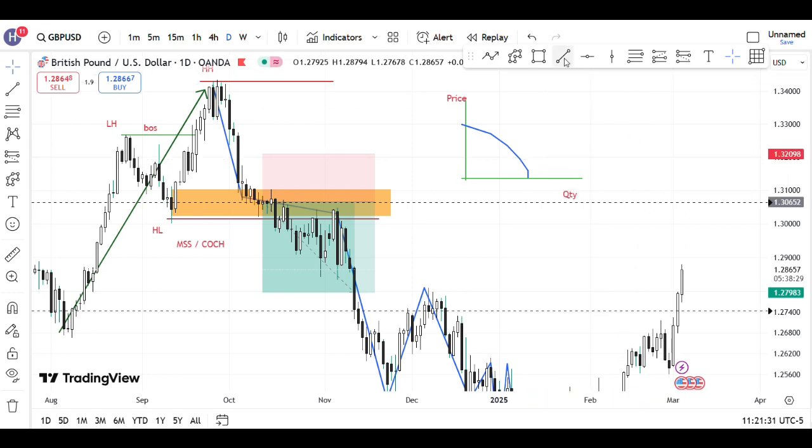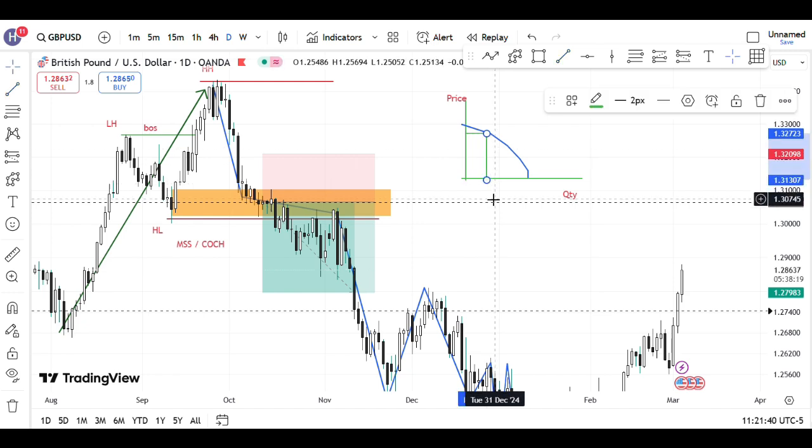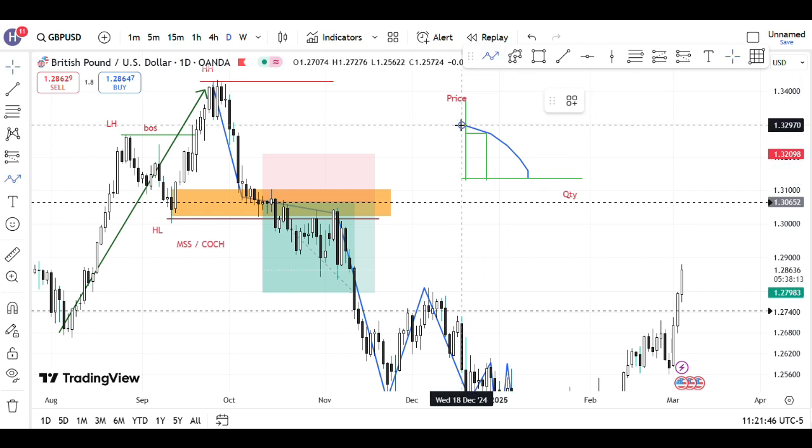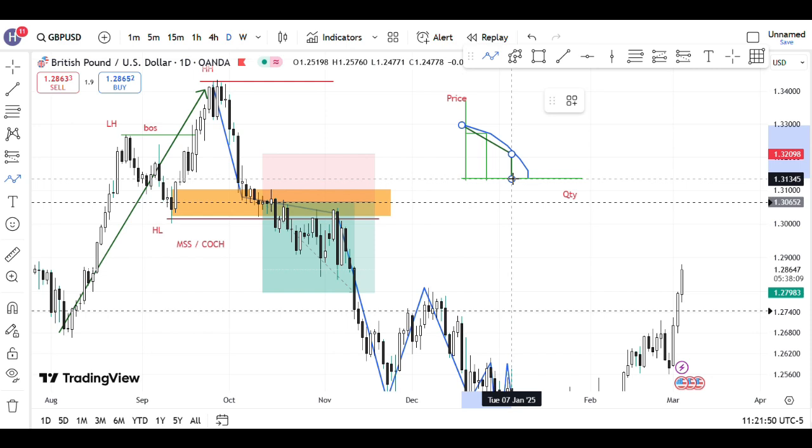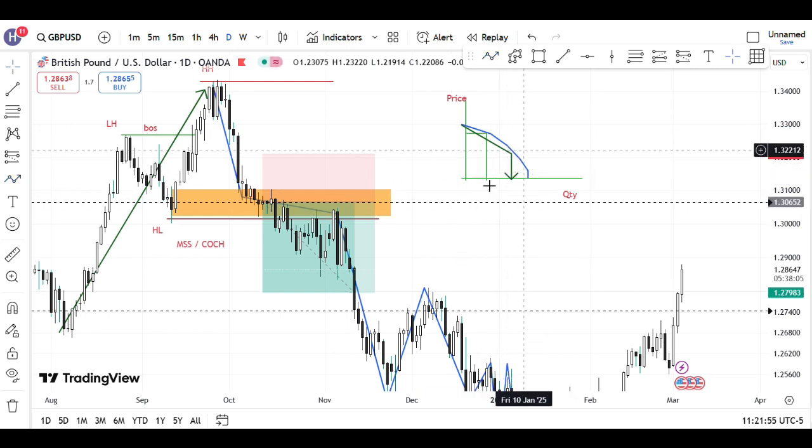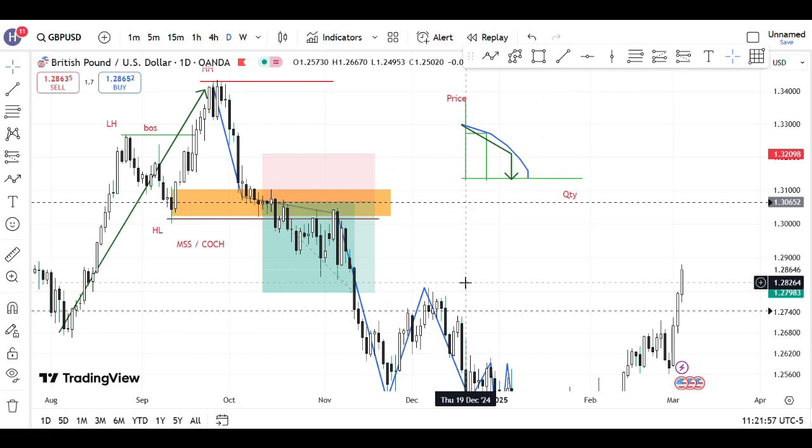Right. If the price is going high, what happens? Quantity is less. If the price goes down, what happens? More quantity. The same principle is applicable here also, right?